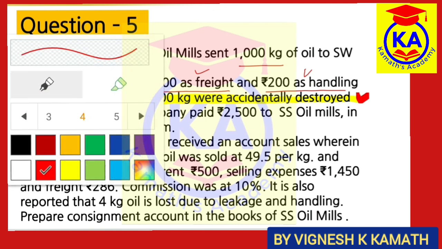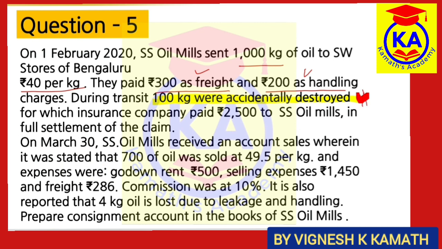This is abnormal loss. Please note. It's abnormal loss, for which the insurance company paid rupees 2,500 to SS Oil Mills in full settlement of the claim. I hope you're clear with this.